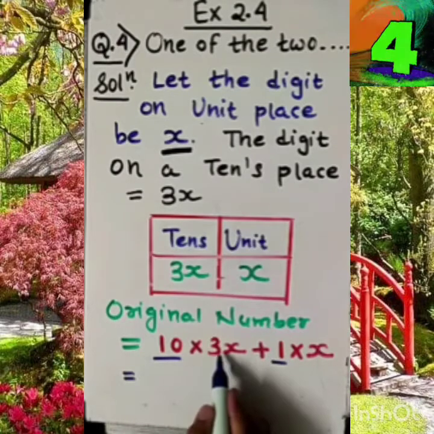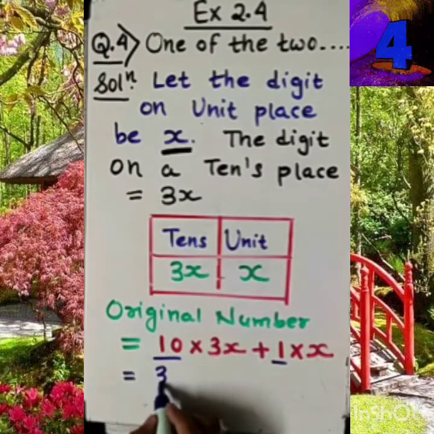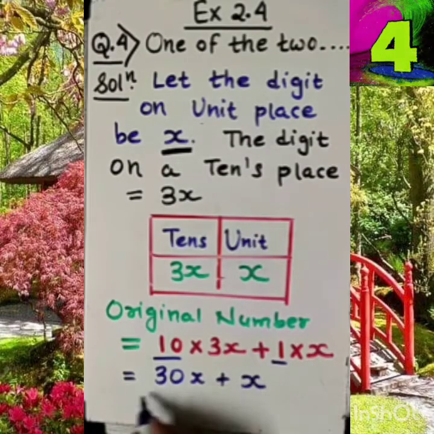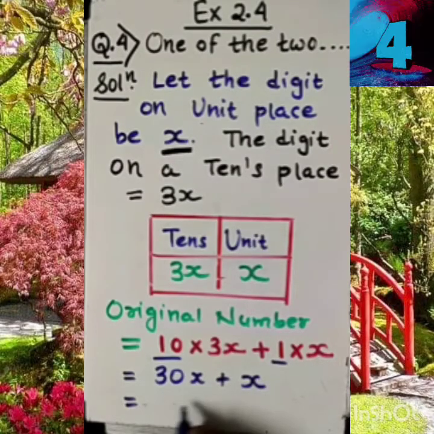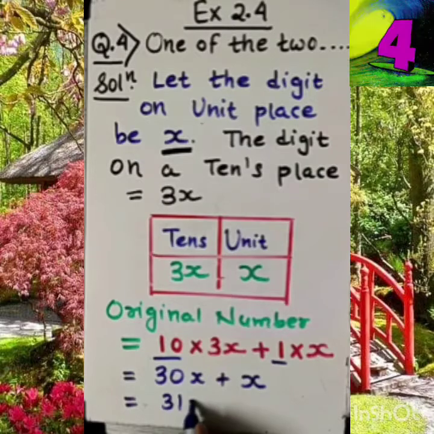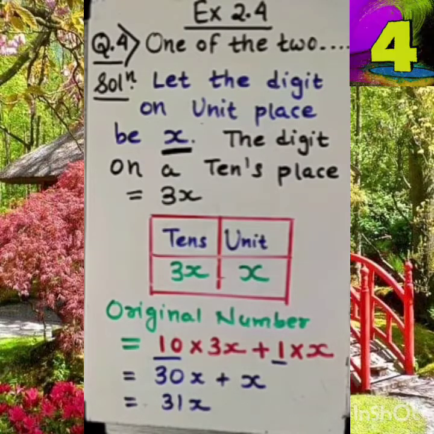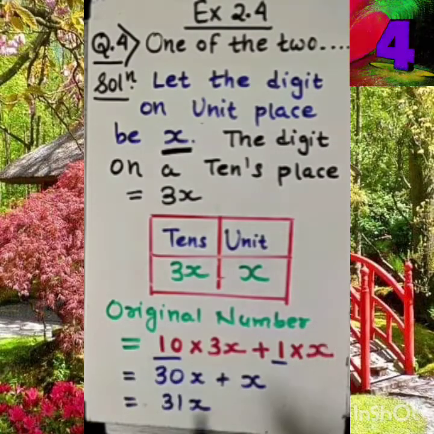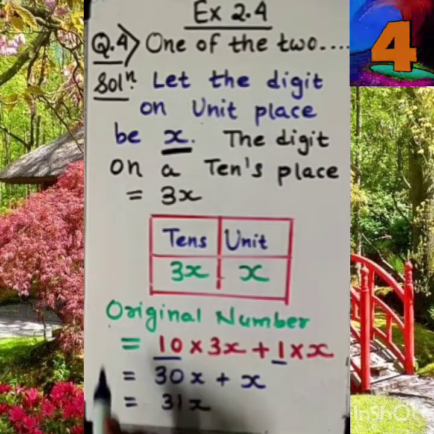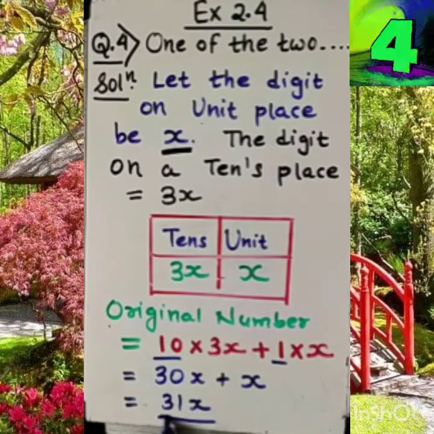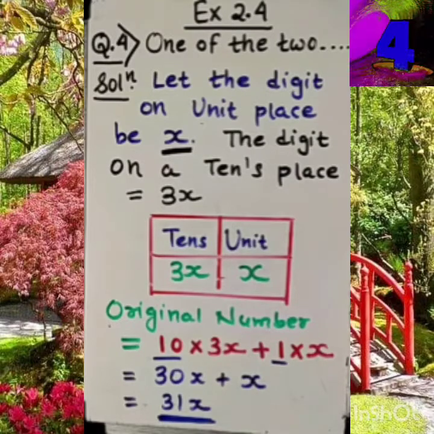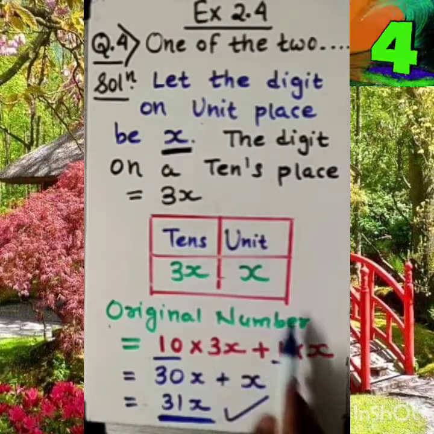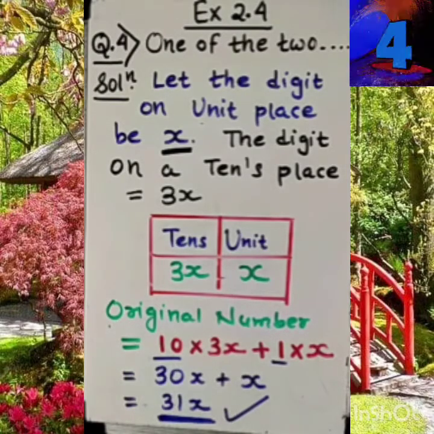So dear student, 3 tens are 30x plus 1 extra x. The sum of this is 31x. Therefore we can say that the original number is 31x. Clear to you? This is one of the important results.